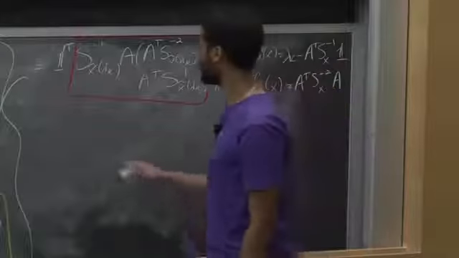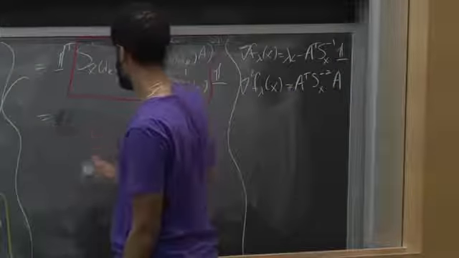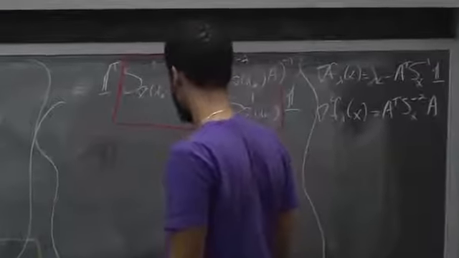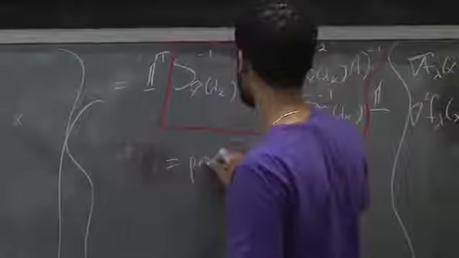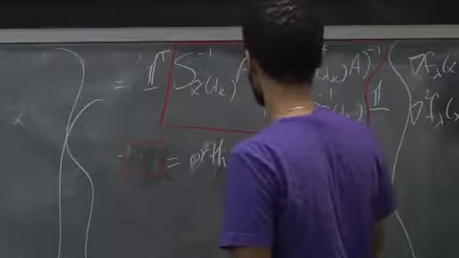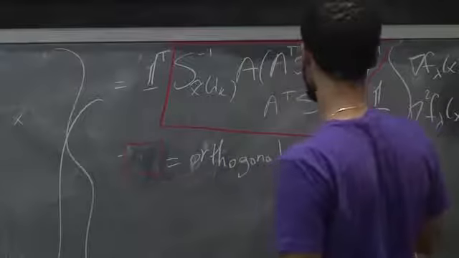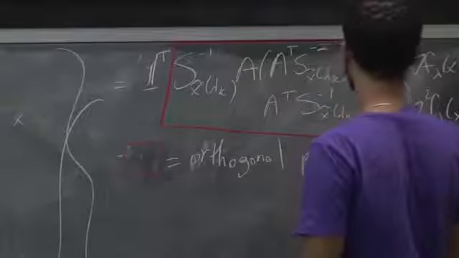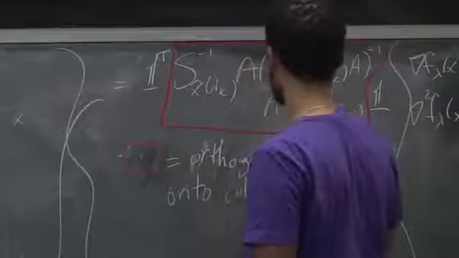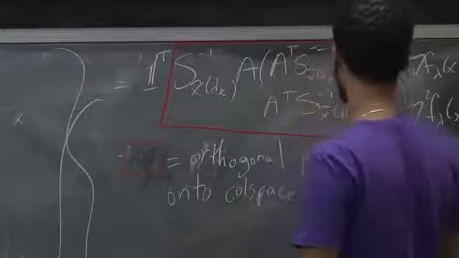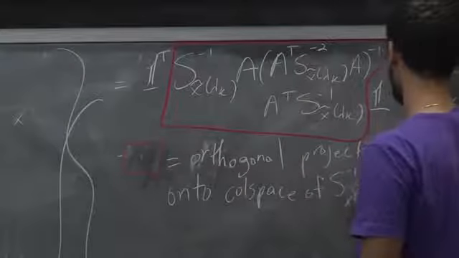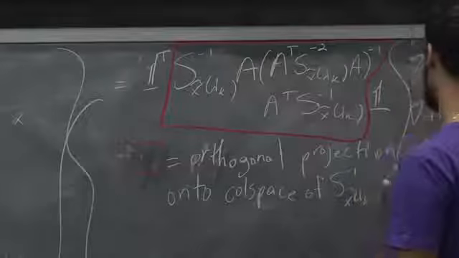This red thingy is equal to the orthogonal projection onto the column space of S minus 1 x tilde lambda k at A.